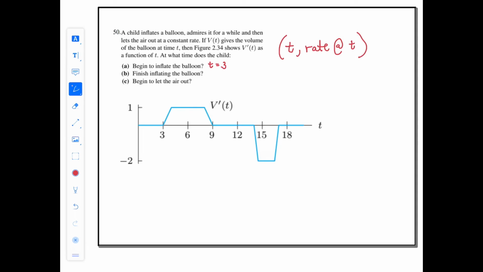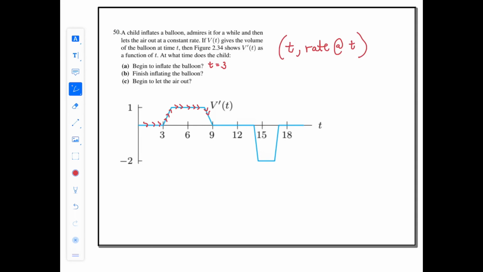Now, when does the child finish inflating the balloon? So now let's take a look. Here, no rate. That balloon has not been inflated. Here, the balloon is being inflated and they are blowing air into that balloon at a faster rate as t progresses. Tell me what's happening in this interval. Well, that kid is still blowing air into the balloon, but now it's at a constant rate.